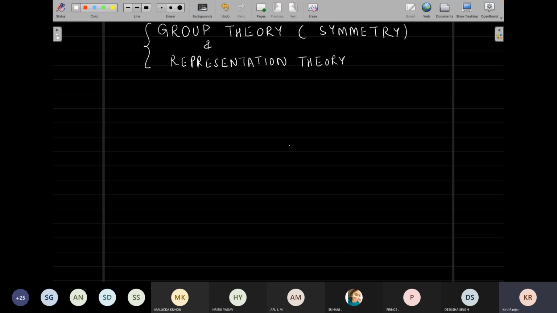So from where is it starting? It is starting from this word symmetry. Now we know that if there is certain symmetry in the system, then those symmetries can be utilized in a very elegant manner. For example, we know that space everywhere is homogeneous.